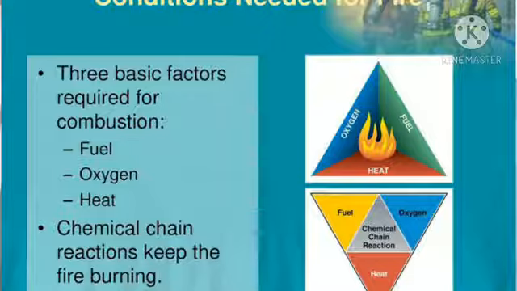Second requirement, oxygen. Presence of oxygen or air supports burning. In the absence of air, burning can't take place. Third one, heat.